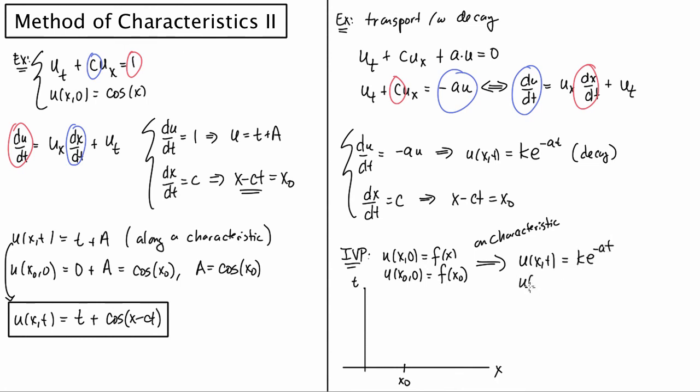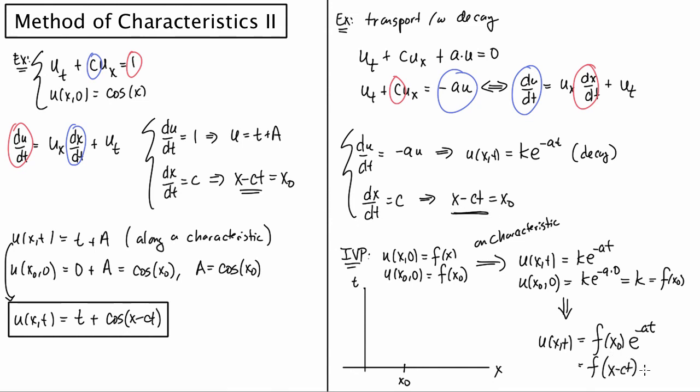So in particular, u(x naught, 0) is k e to the minus a times 0, or just k, but u(x naught, 0) is f of x naught. So this tells me that my solution, u(x,t), is of the form f of x naught e to the minus at, where in f of x naught, I replace x naught with the characteristic x minus ct.